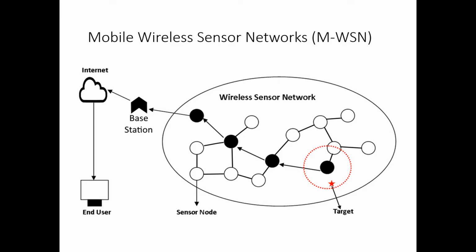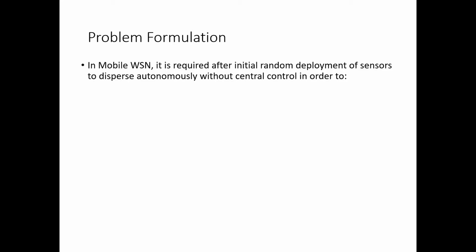They collect ground data from a specific area and transmit it to the base station through one or multiple hops, like this. They are used for various purposes such as battlefield monitoring, bioenvironmental surveillance, earthquake observation, and wildlife reservation.